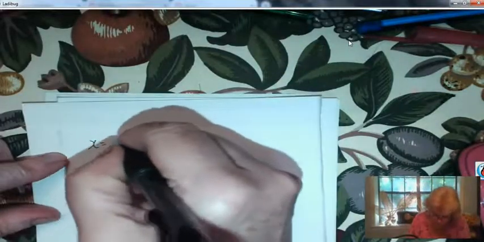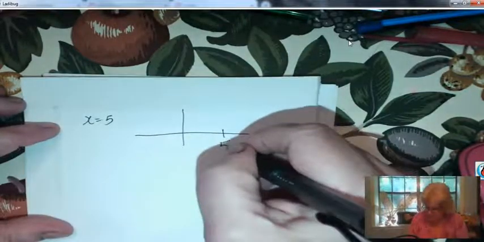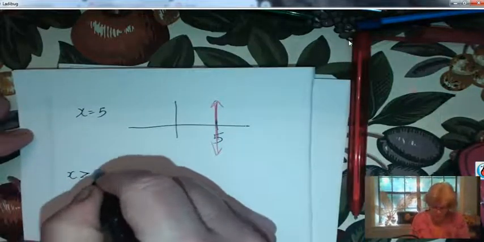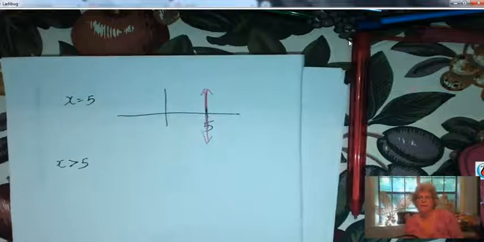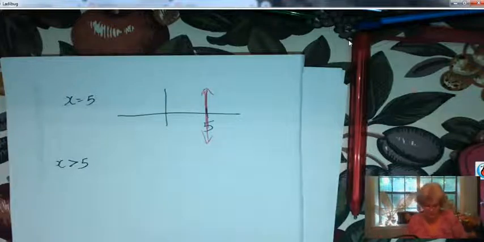Okay. Well, that works just fine until we get to a vertical line. That's the equation of a vertical line. It's the vertical line that goes through 5. There's that line. So what does that mean? Well, this is the only case when the region above or below doesn't make any sense, for a vertical line.